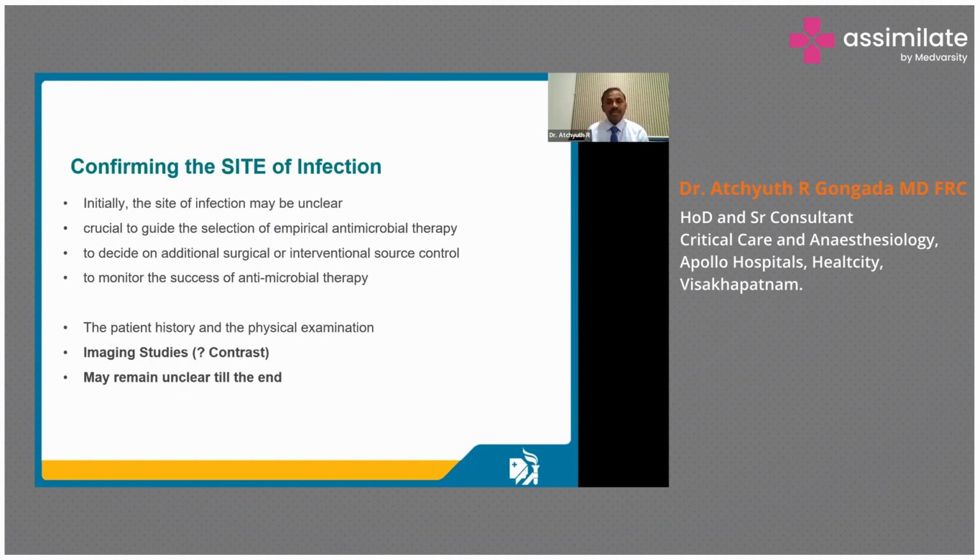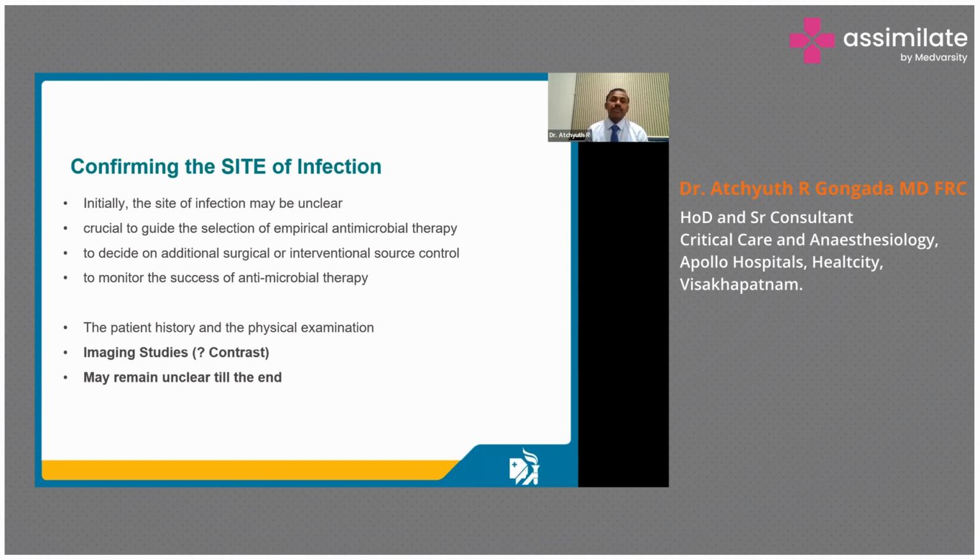So, confirming the site of infection: as I said, initially you may not be clear about the site of infection because the patient comes to you with signs of infection and signs of sepsis, but it might be somewhere deep inside the body, or you may not get any information so that you can point your finger at a particular part of the body.